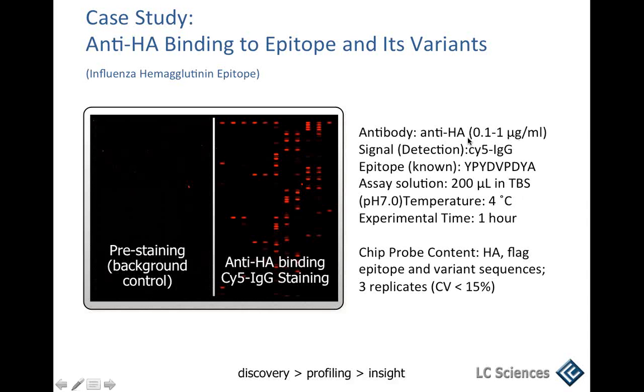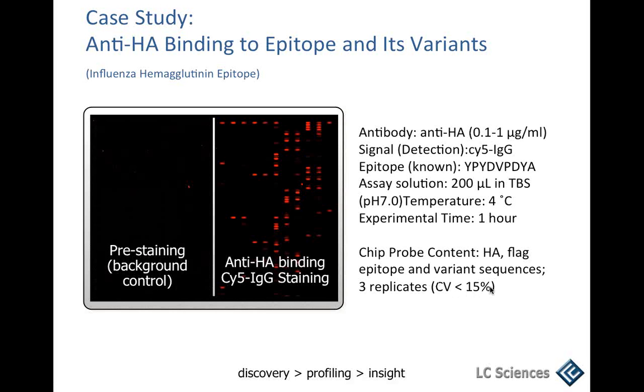We did multiple runs, starting with 0.1 microgram all the way up to 1 microgram per milliliter, and I'll show you some data from that in a little bit. Detection in this case was Cy5, that's why it's red. The result was that the known epitope was clearly confirmed, and the 3 replicates had a variation of roughly 15%. So fairly good agreement.